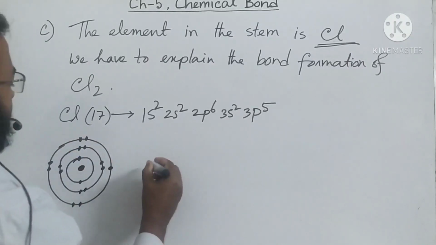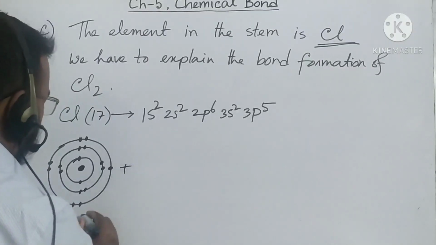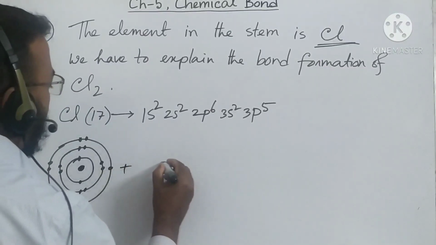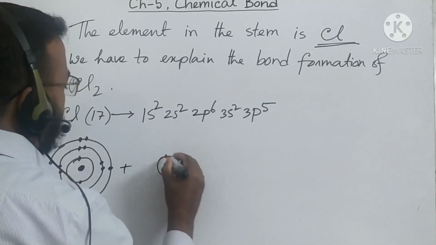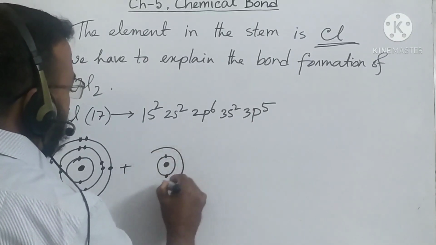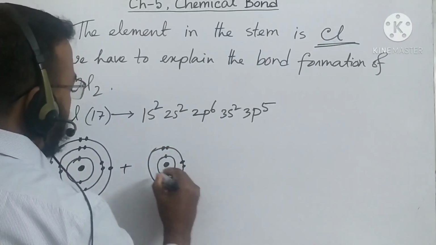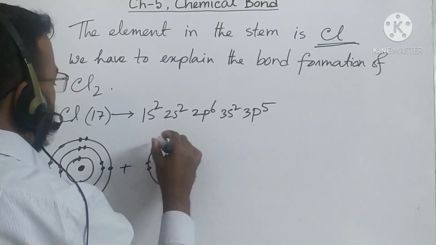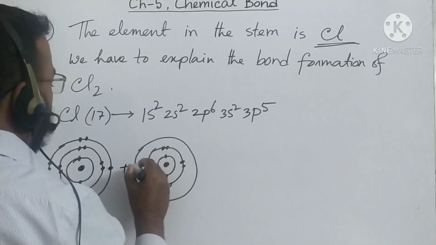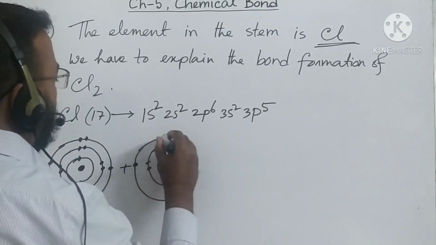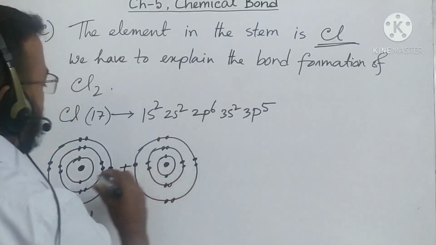So altogether 17 electrons. Now plus, another chlorine atom, it is the nucleus, first energy level 2 electrons, second energy level 8 electrons, then third energy level 1, 2, 3, 4, 5, 6, 7.